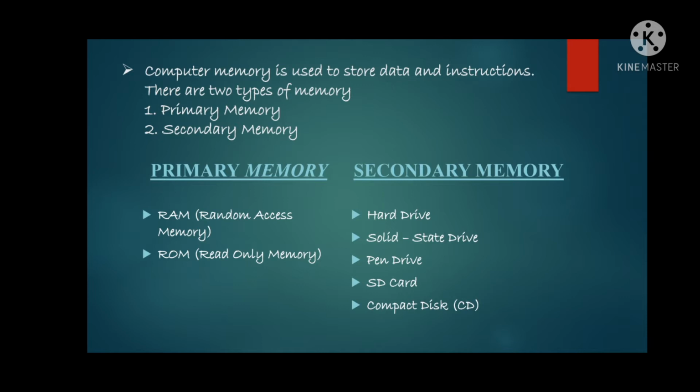RAM stands for random access memory. ROM stands for read only memory. And secondary memory is categorized into hard drive, solid state drive, pen drive, SD card, and compact disk, in short, CD. I'll tell you about this in detail in the further slides.